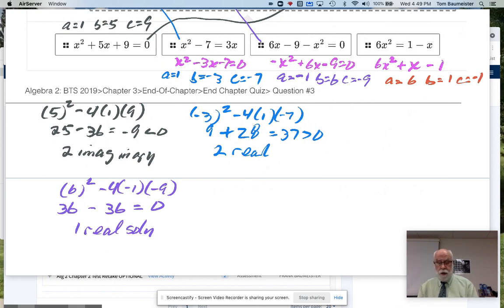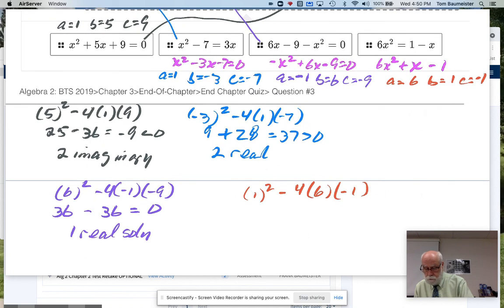So on that one there, I have b squared, which is 1 squared, minus 4 times a, which is 6, times a negative 1, which will give us, let's see, negative times a negative is positive, 4 times 6 is 24, times 1 is 24.